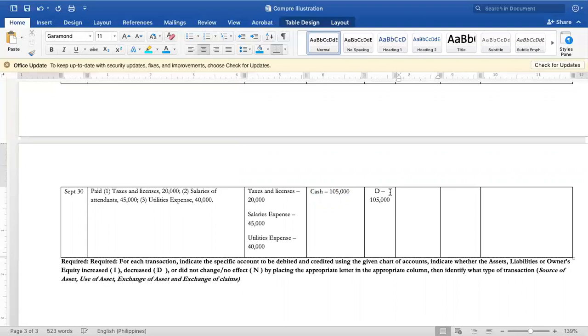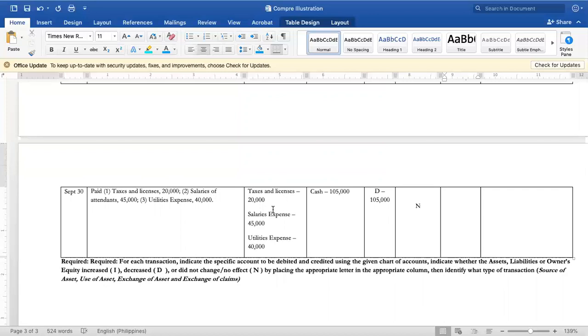How about liabilities? No effect because there are no liability accounts involved in the transaction. Owner's equity na ba? Yes, because again, these are all expenses and expenses are one of the components of the owner's equity account. So what is the effect on the owner's equity account?